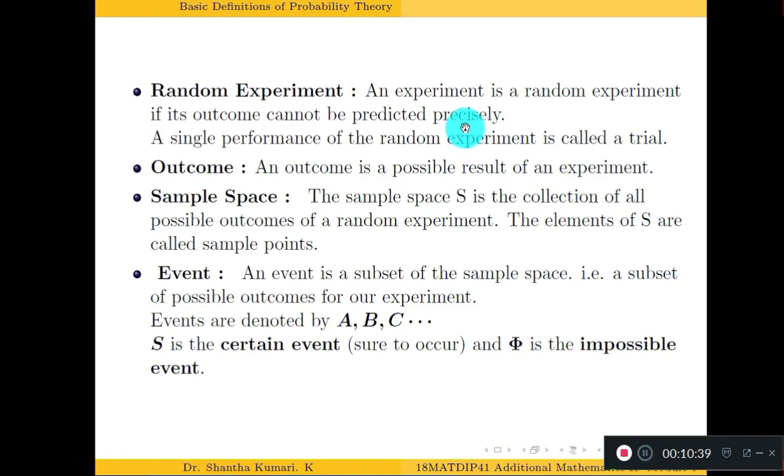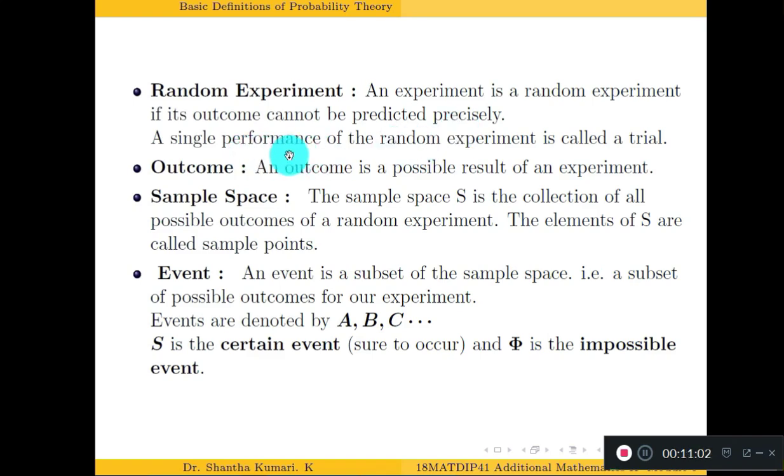A simple example is tossing a coin. You don't know whether you are going to get head or tail. Or tossing a six-faced die. When you toss a six-faced die, you don't know whether you are going to get the outcome as 1 or outcome as 2, etc. So we cannot predict the outcome precisely.